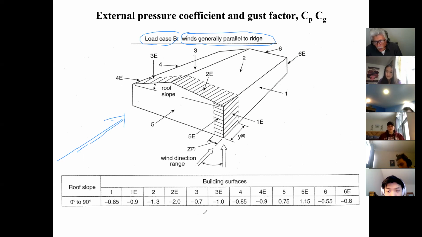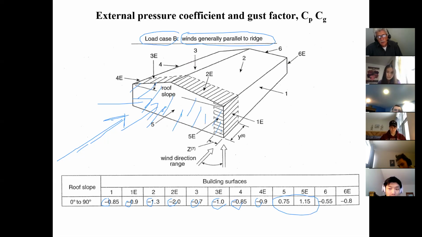Now, what I find amazing is that when the wind is blowing parallel to the ridge, look at this. Negative, negative, negative, negative, negative, negative, negative, negative. The only positive surfaces are 5 and 5E. In other words, the only time the wind is pushing on the building is on this surface here and this surface here.